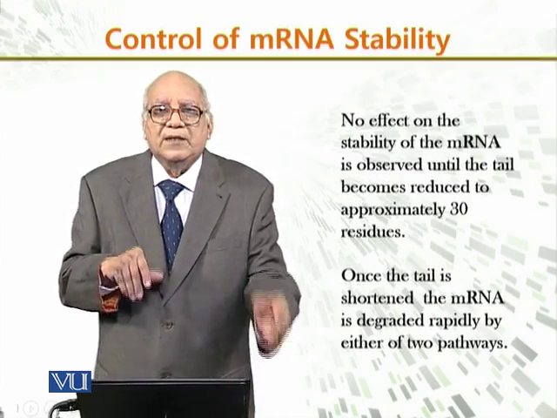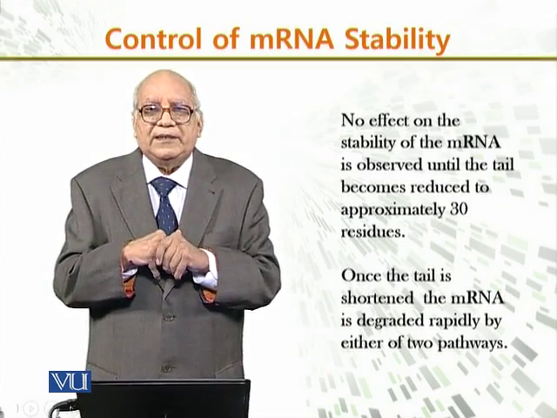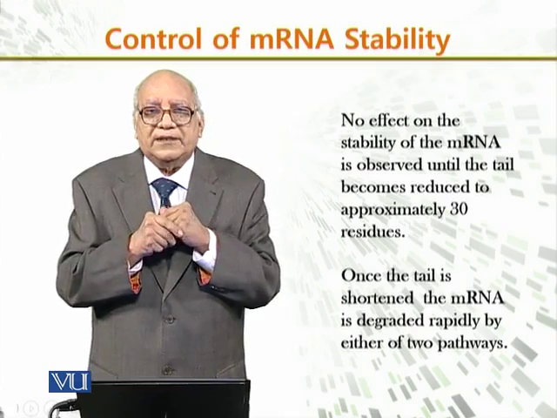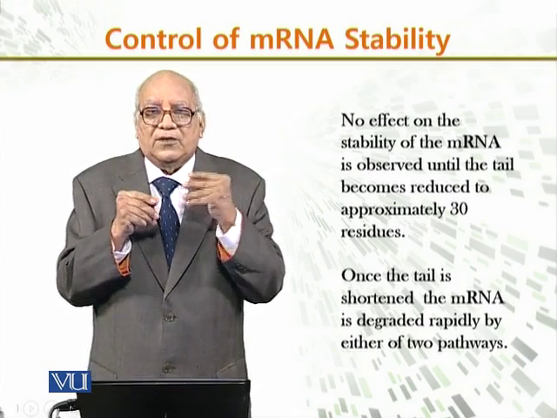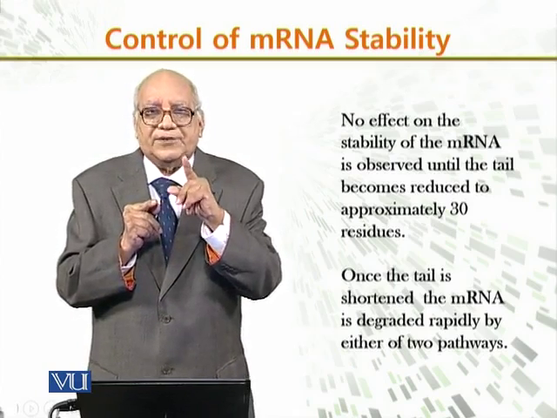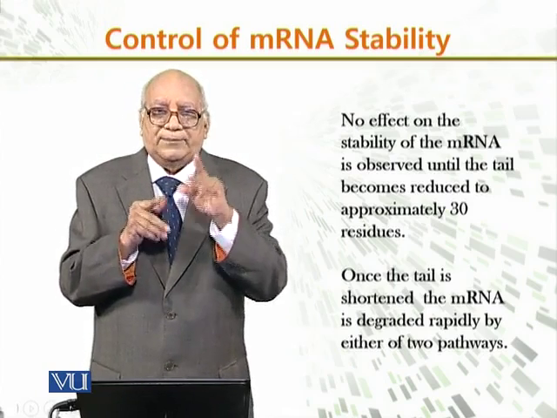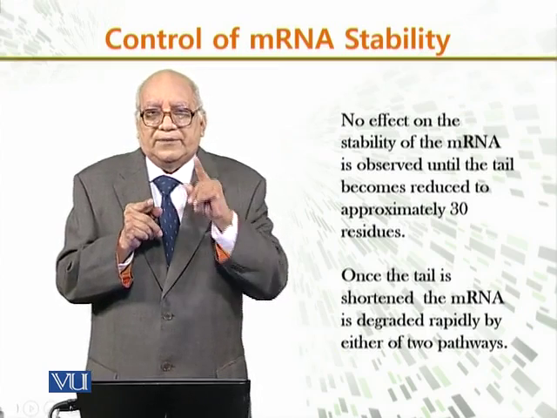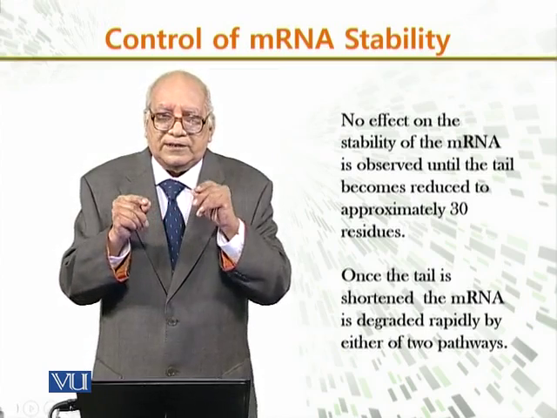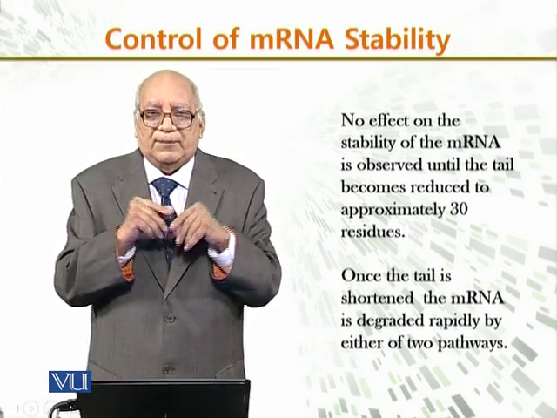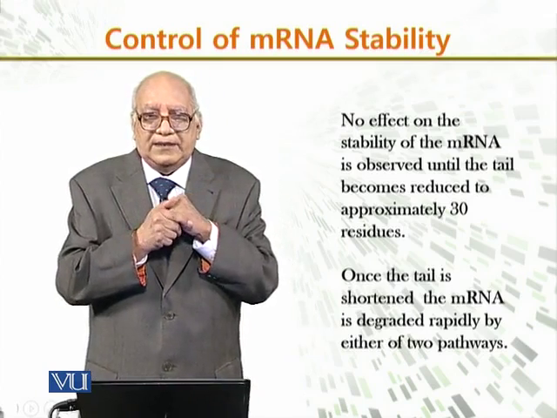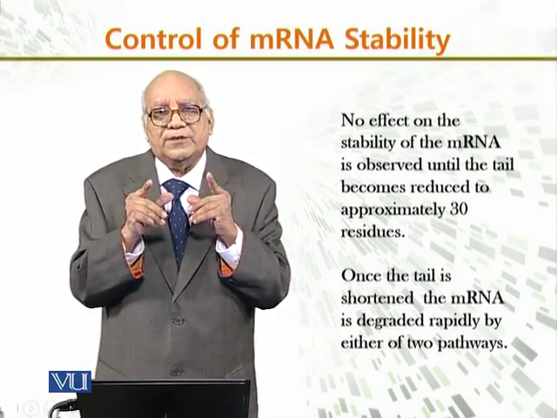No effect on the stability of messenger RNA is observed until the tail is reduced to approximately 30 residues. If the tail is less than 30 residues, the messenger RNA becomes inactive. Once the tail is shortened, the messenger RNA is degraded rapidly by either of two pathways.